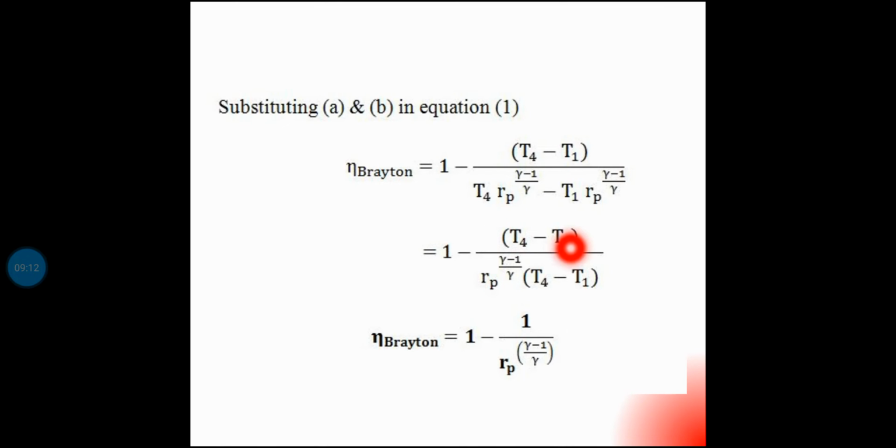Now cancelling T4 minus T1, we will get the final expression for the efficiency of the Brayton cycle as eta Brayton is equal to 1 minus 1 by Rp raised to gamma minus 1 by gamma. This is the equation for thermal efficiency of Brayton cycle.